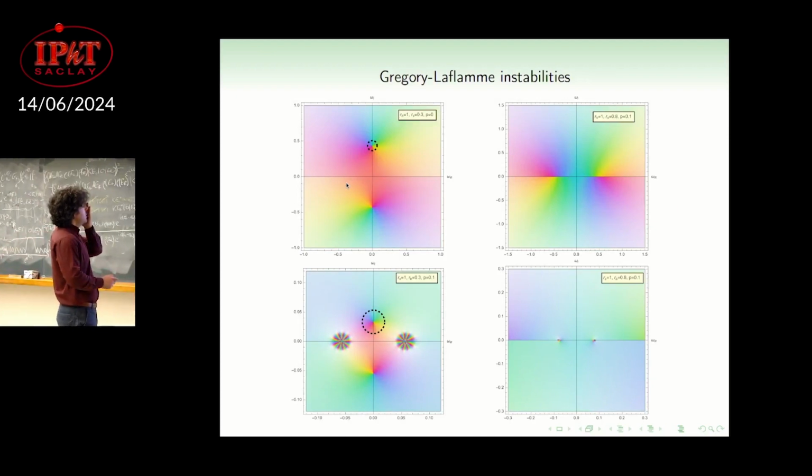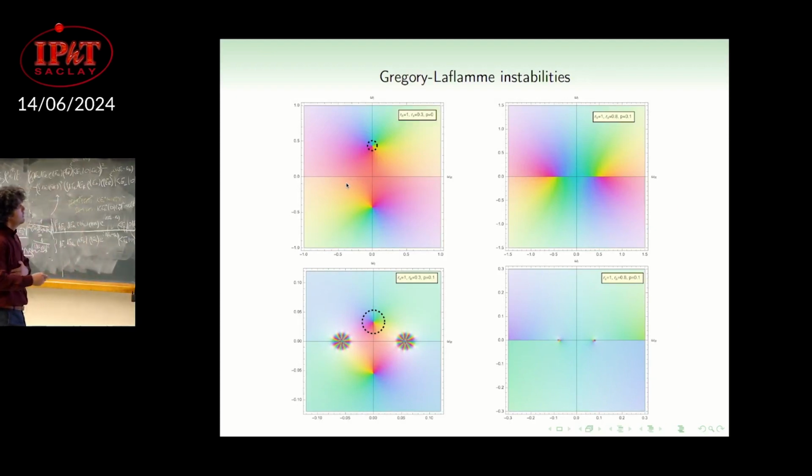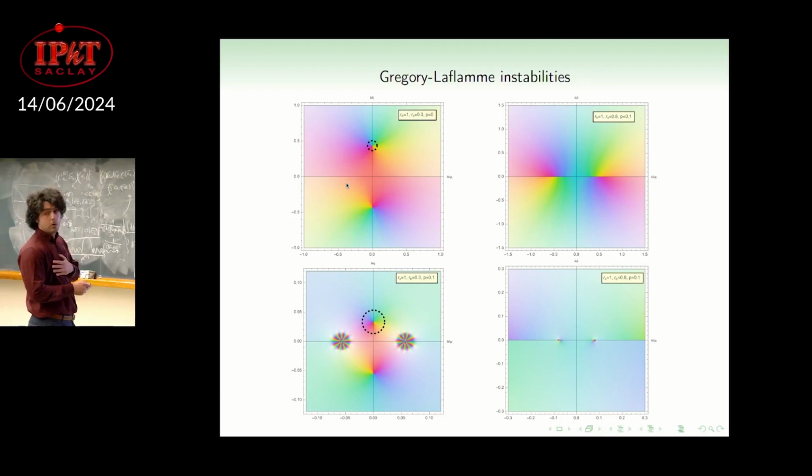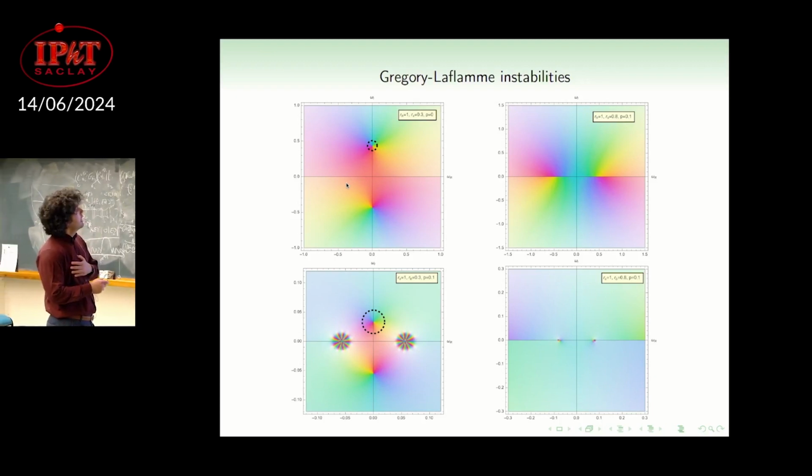In this plot I show the first two, which are relevant for the topological star, because you see RB equal to 1, RS equal to 3/10, so RB is bigger than RS, so this is a topological star. But 2RS is smaller than 1, so we are outside the Gregory-Laflamme stability domain.